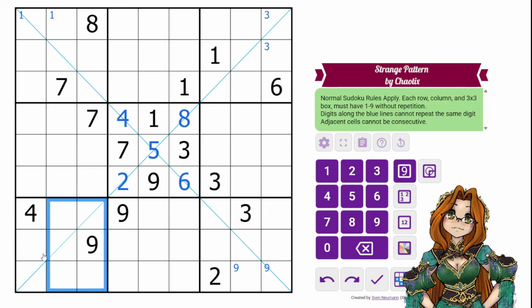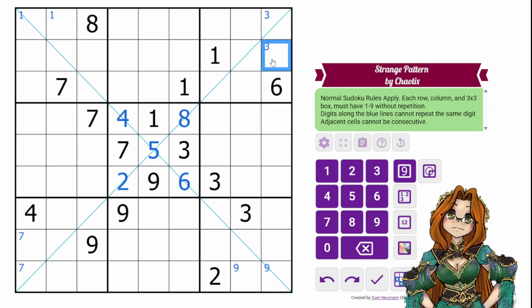And these are going to be important because when you have a non-consecutive rule, dominoes are pretty big because it rules out the consecutive digits from the domino as well.